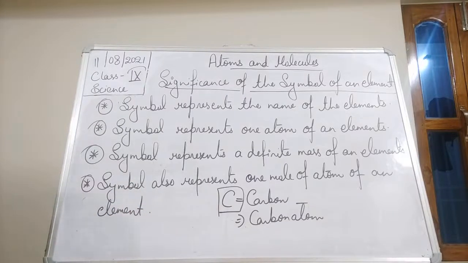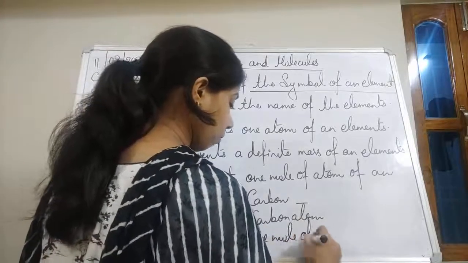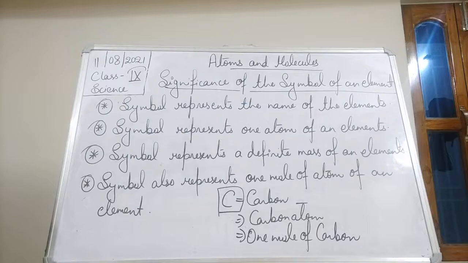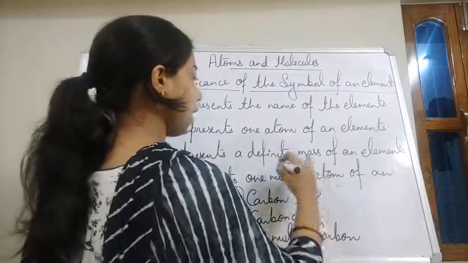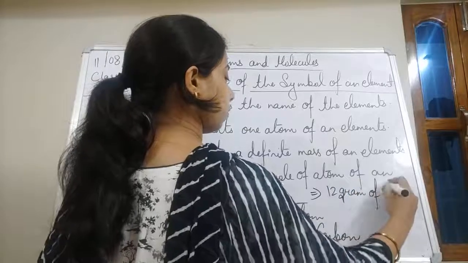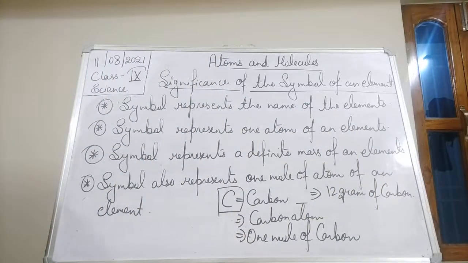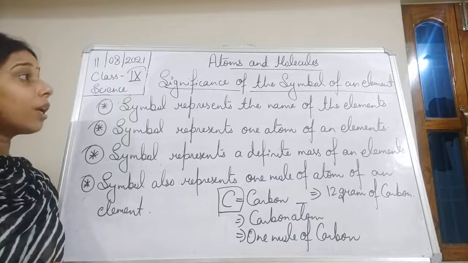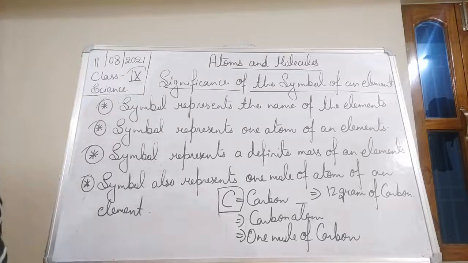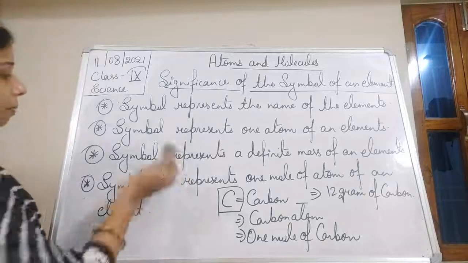Then it represents one mole of carbon, and finally it represents 12 grams of carbon as a definite atomic mass, which is expressed in grams only. So these are the significance of the symbol, students. This is about the symbol, atomic mass and significance of the symbol of an element.